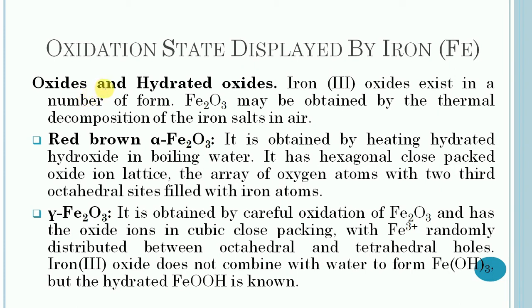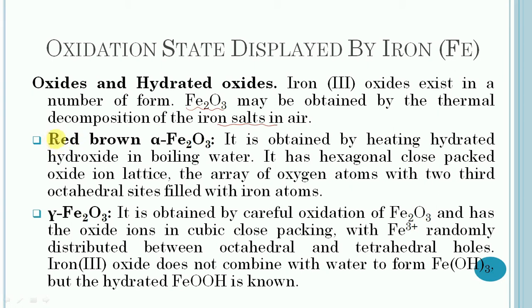Oxides and hydrated oxides. Iron 3 positive oxide exists in a number of forms. Iron oxide may be obtained by the thermal decomposition of the iron salt in air. These are the types of iron oxide.